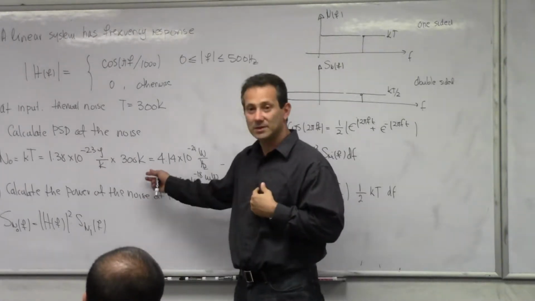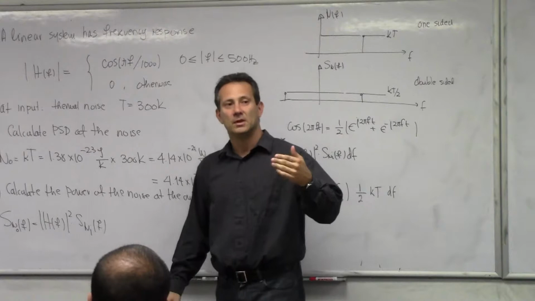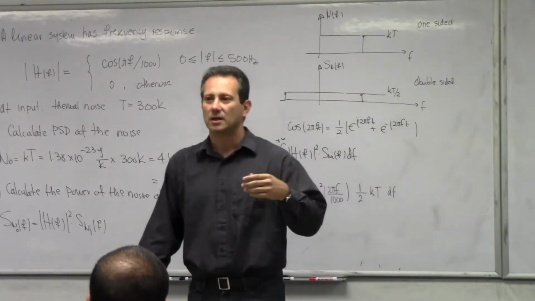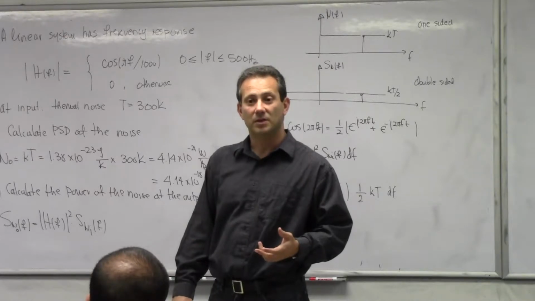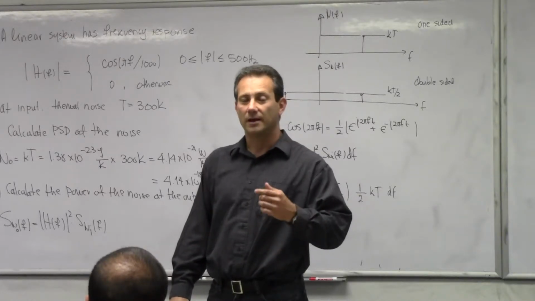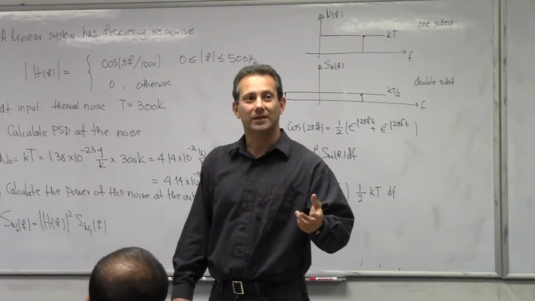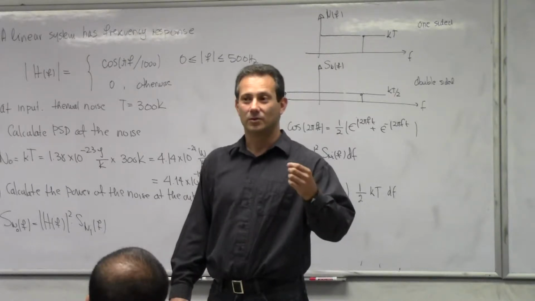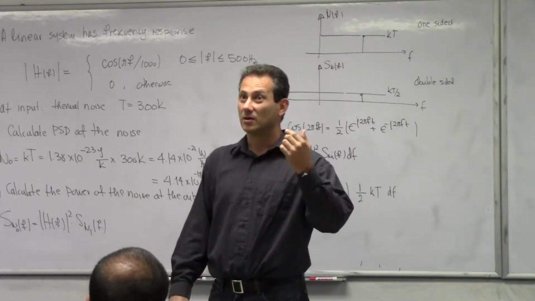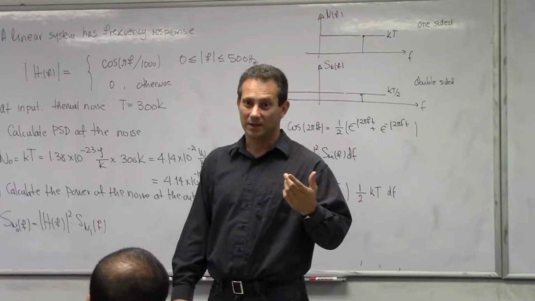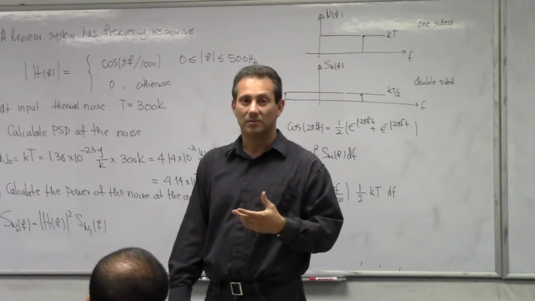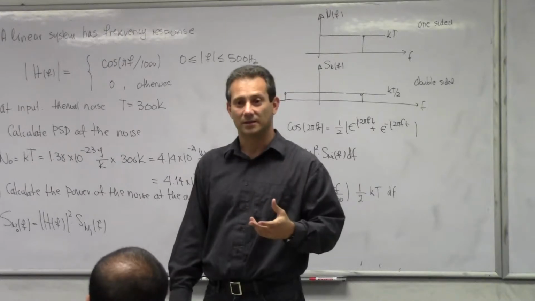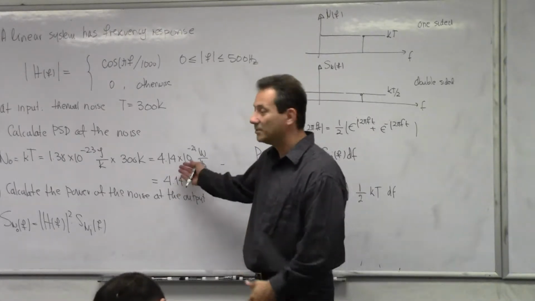A lot of times I say, what's the power spectral density of noise? 4 times 10 to the minus 18 milliwatts per hertz. And a lot of times I don't say anything else, so the question should be, is it double-sided or one-sided? That number that I quote, 4 times 10 to the minus 18 milliwatts per hertz, is one-sided. And that's where it's coming from.